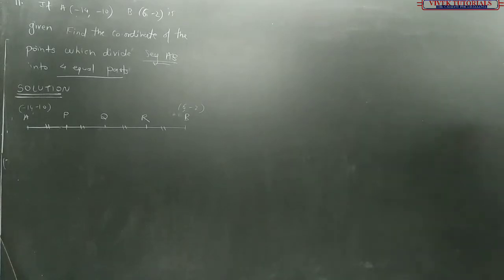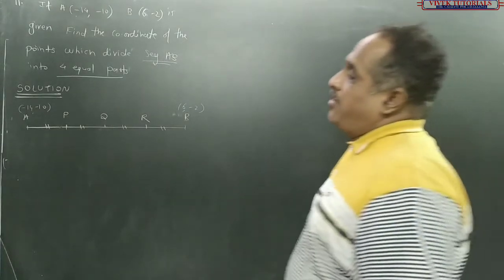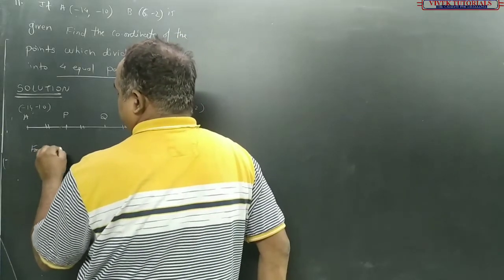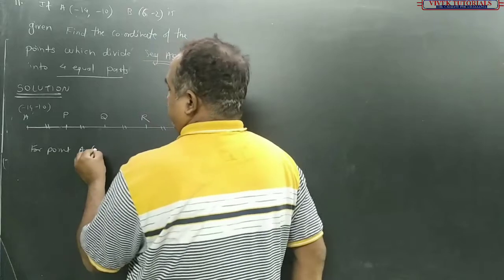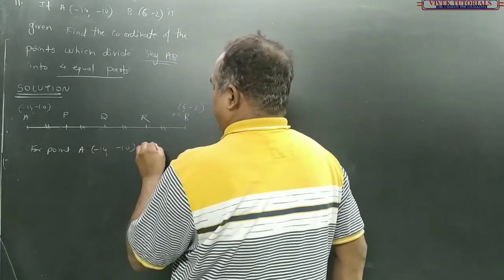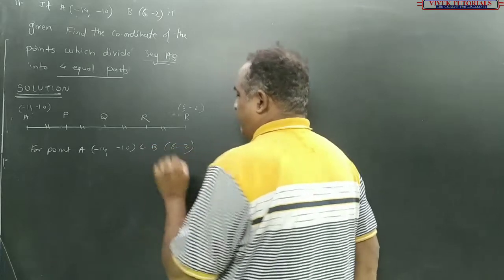Now for the points A minus 14 and minus 10 and B 6 comma minus 2.